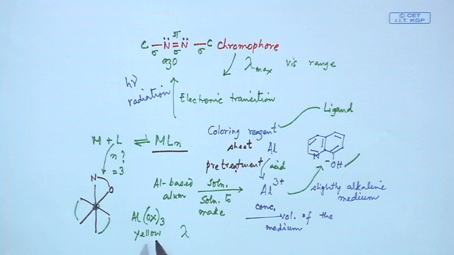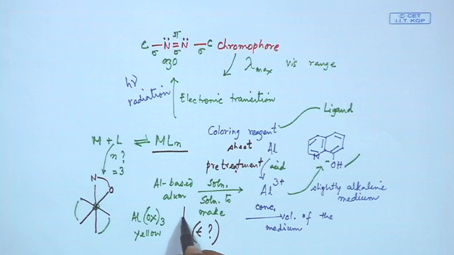So, by the addition of this particular reagent, which is oxine, and by knowing the corresponding lambda max value, this we are not considering right now, but what we will be seeing is that we will be able to detect this lambda, and the sharp detection of this lambda at a particular value where you have a maximum absorption, that means the maximum color absorption can take place at this particular wavelength value, which is yellow for this color, we can detect by using a spectrophotometer.